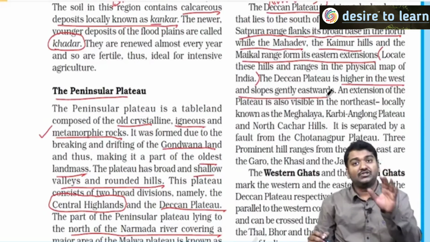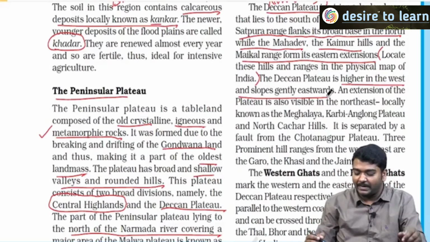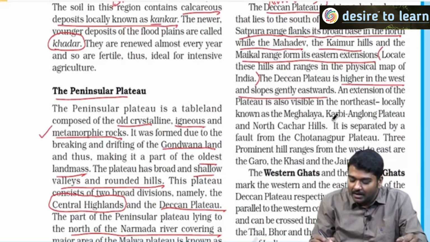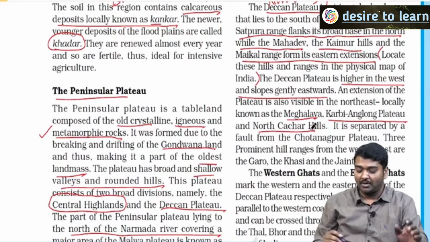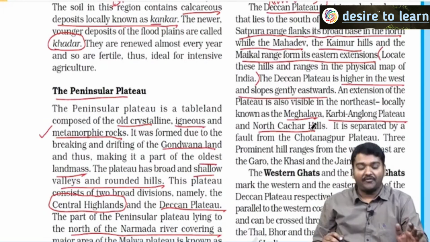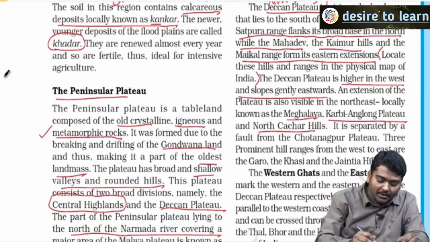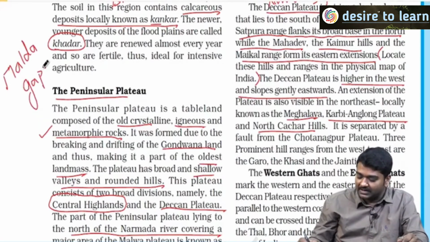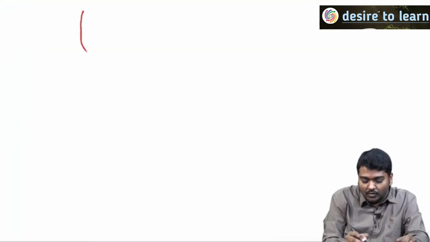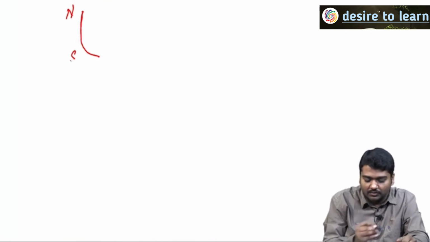Now, this is not only present till Jharkhand, but it is extended till the Karbi Anglong Plateau, Meghalaya Plateau and North Cachar Plateau. But this is separated from the Chotanagpur Plateau by a gap called as Malda Gap. I want you to observe a simple thing, that is, Ganga actually flows first from north to south.